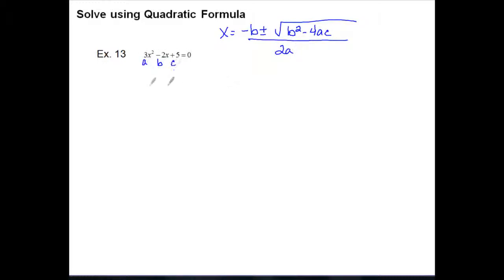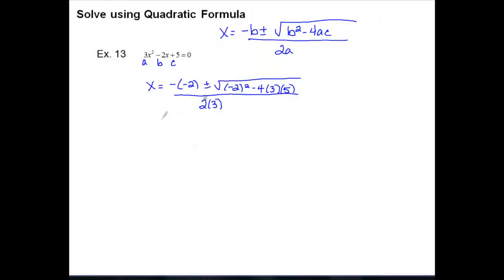A, b, and c. Alright, so x equals negative b plus or minus the square root of b squared minus 4 times a times c, all over 2 times a.